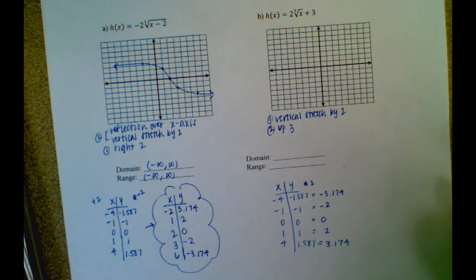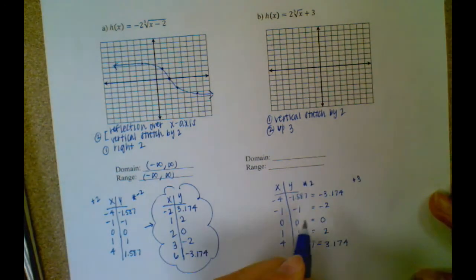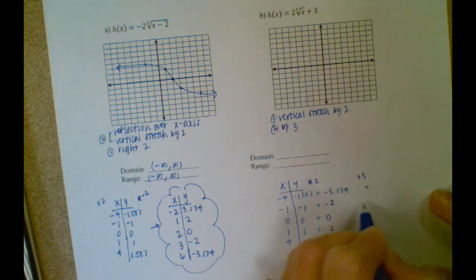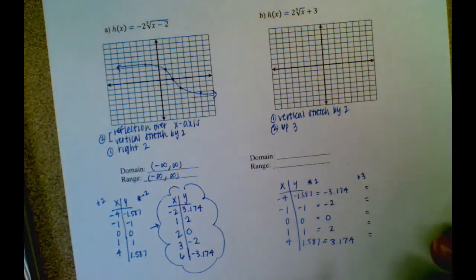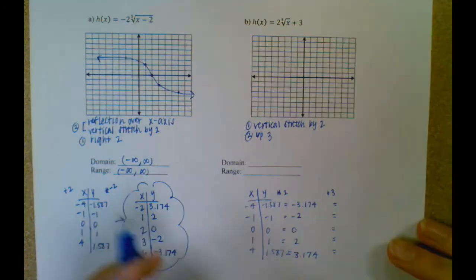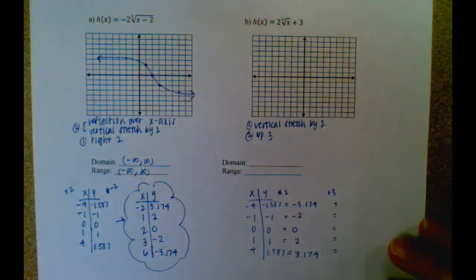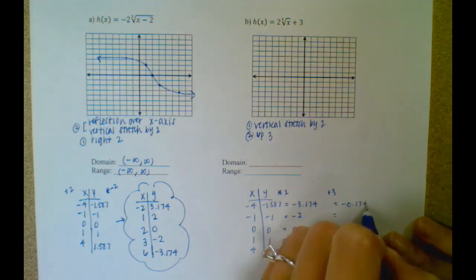Alright, and then we're going to take those y values and add 3 to them. So when we add 3, it's going to give you negative 0.174.